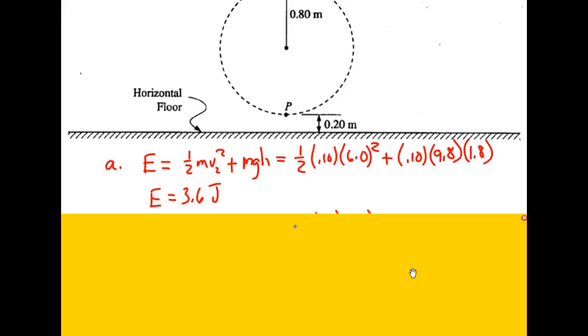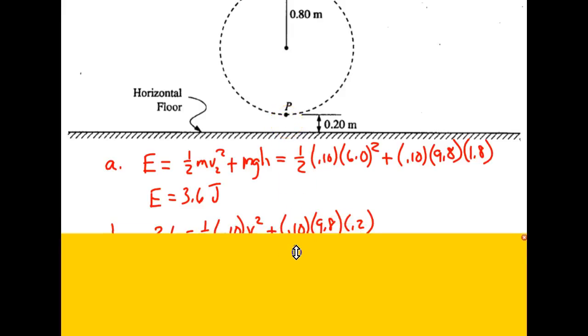B wants the speed of the ball at the lowest point P at the bottom of the circle. Well, we know the total energy is 3.6 joules and we're told that it's kept constant. Here we know the height of P above the floor, so we're able to calculate the gravitational potential.